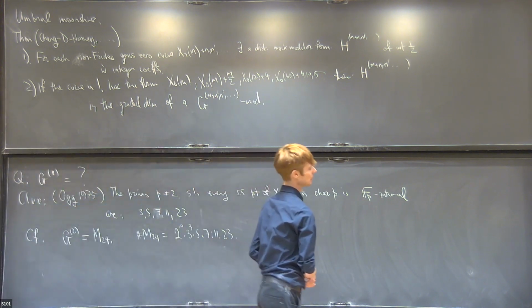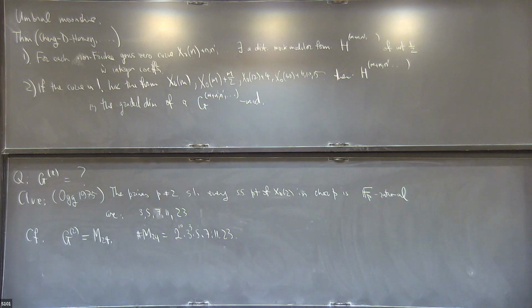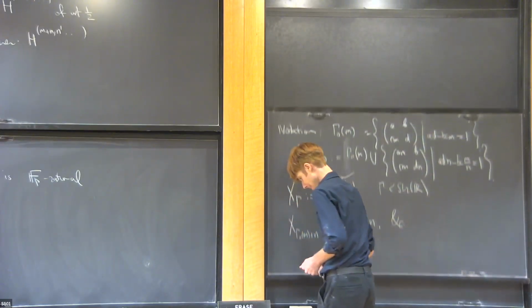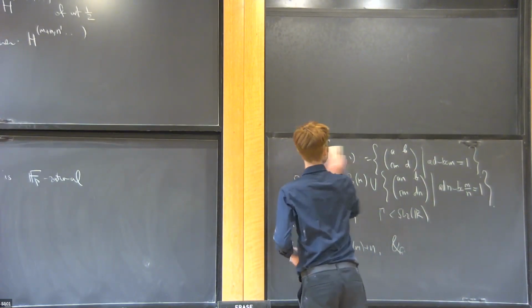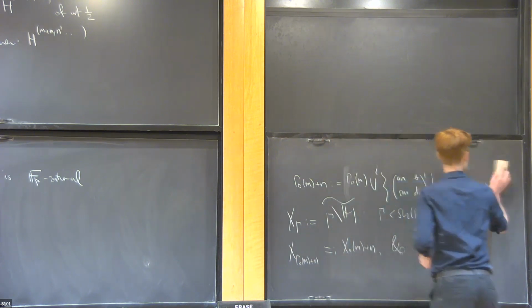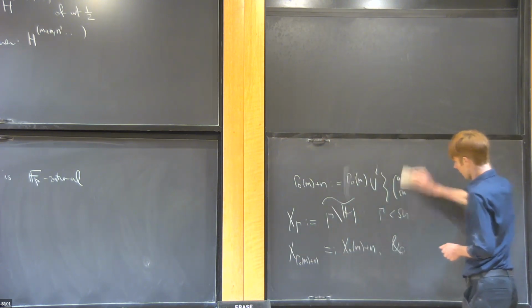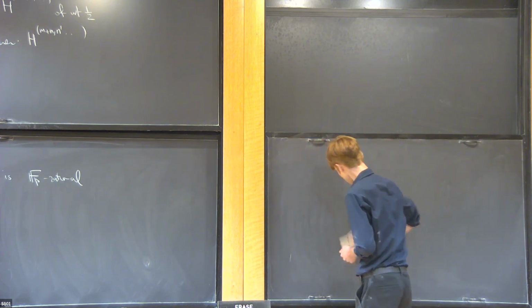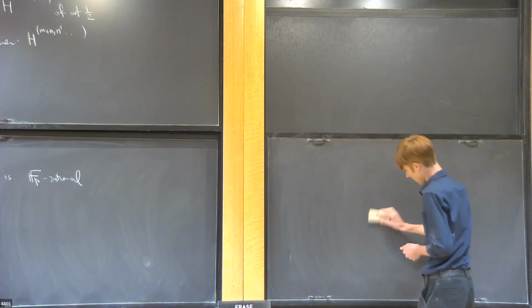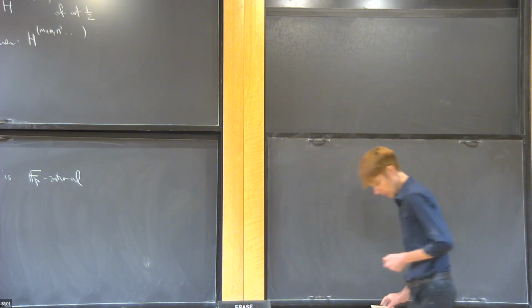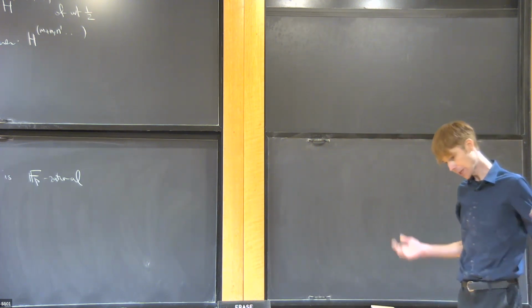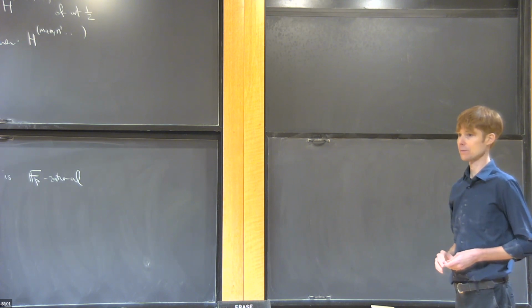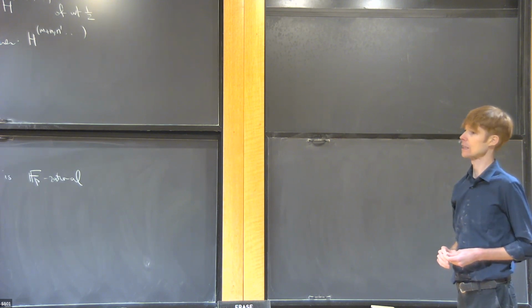So at this point, it's natural to ask, you see this moonshine business and it's quite amusing, but it's natural to ask how rich the relationship between finite groups and modular forms really is.